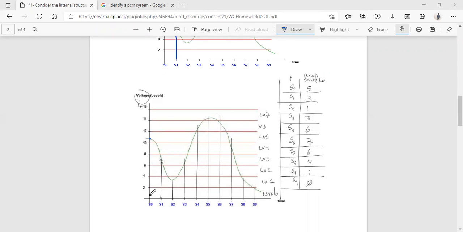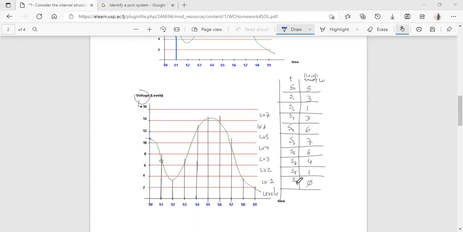Then we do the same for S1. S1 falls at level 3. So we write that sample 1 falls at a digital value of 3, right? So levels also indicate the digital values. Same thing we do for all samples from S0 to S9.